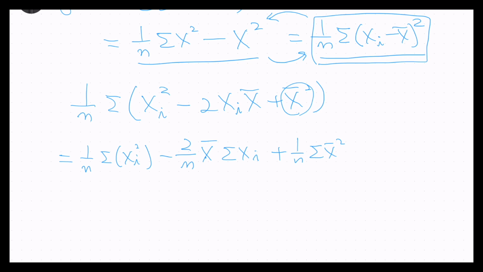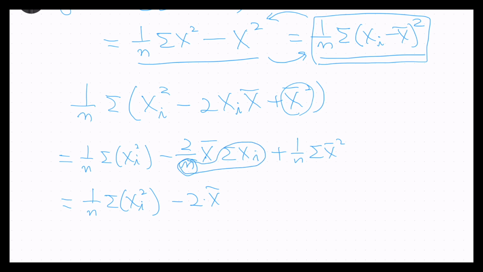Now you can rewrite it. This is 1 over n sigma xi square minus, what you can think is the 2, and x bar is here, but this is divided by n together. What is this one?